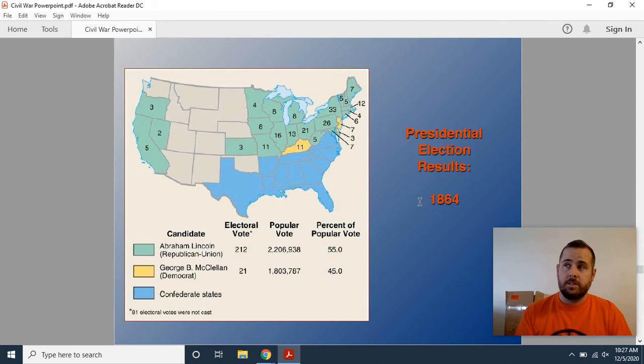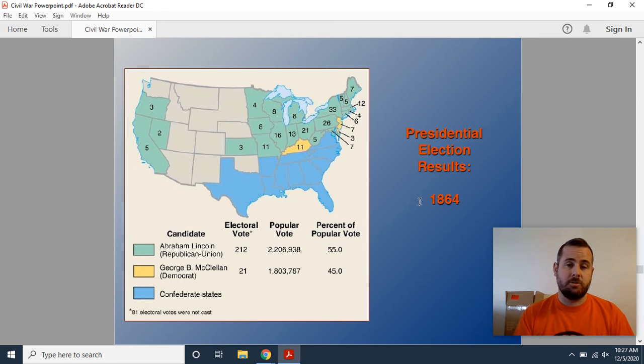However, in August, just a few months before the election in November, William Tecumseh Sherman led a march into Atlanta in Georgia, and had a big victory, essentially burned the city of Atlanta down, and began the conquer phase of that Civil War strategy.